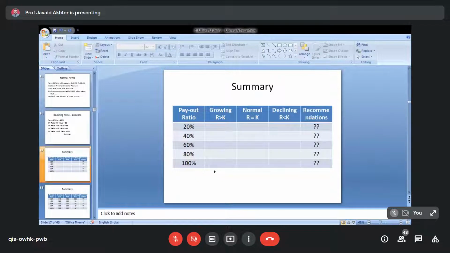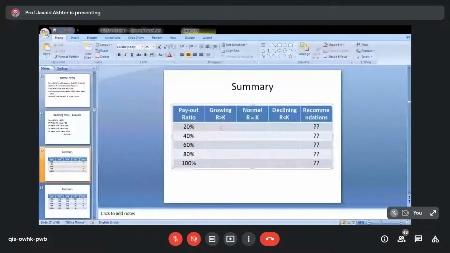In your copy that you are carrying with you, make a table like this and fill in the blanks. Draw a table. Take your time, maybe 2-3 minutes. Take out your answer book. Draw a table like this and fill in the blanks. You all can fill in the blanks because you all have the data that you have supplied to me.